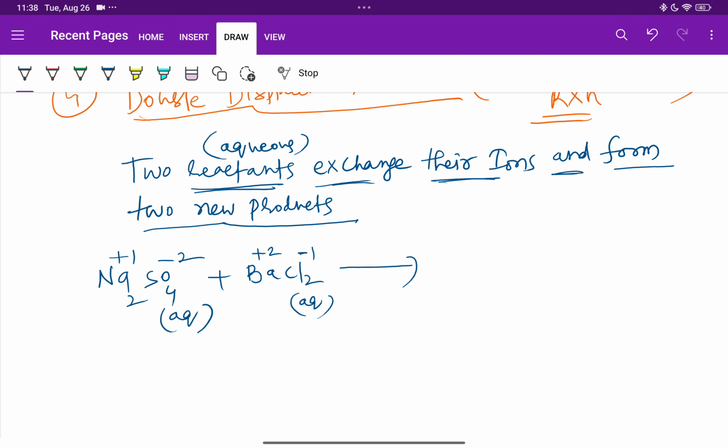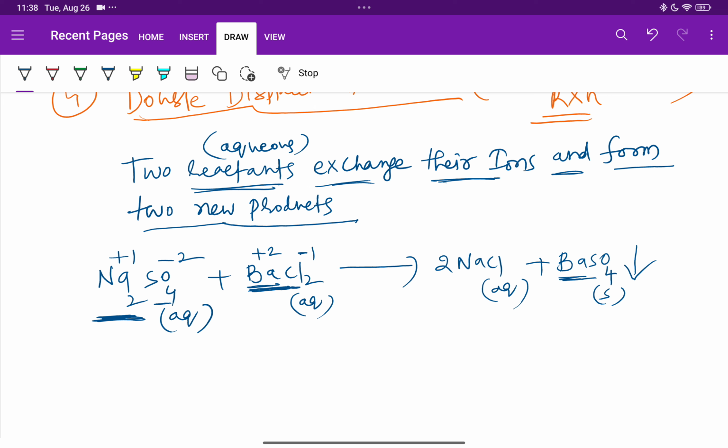Then you are going to get sodium chloride aqueous solution, and from barium chloride Ba plus 2, from Na2SO4 SO4 minus 2. Then you are going to get BaSO4 solid, which is a precipitate.